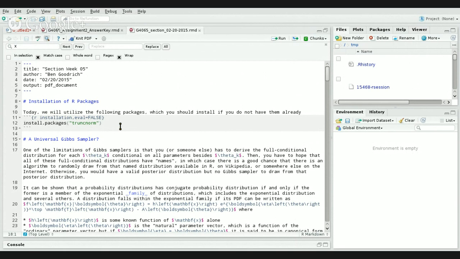And then, writing the kernel for the full conditional distributions is never particularly hard. You just drop a whole lot of things that are constant, and are left with a kernel that only depends on functions of theta k. However, you have to be extraordinarily lucky, or more likely extraordinarily clever in your choice of likelihood and prior distributions, in order for all those full conditional distributions to be named, well-known distributions.